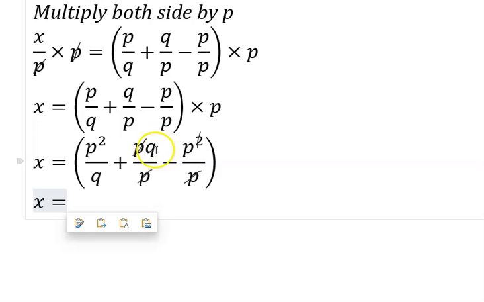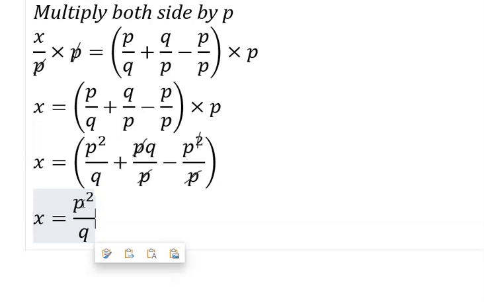You only have q that is left here. You only have p that is left here. So let's quickly do that. Awesome. So it's only pq that is left here minus only p that is left here.